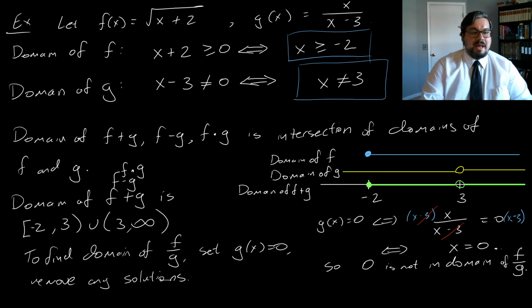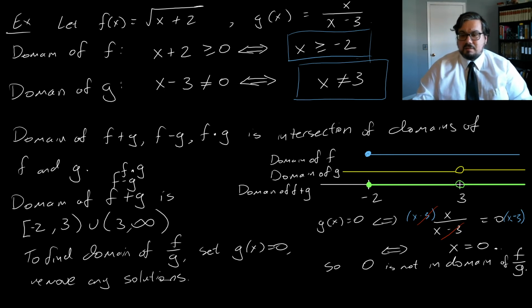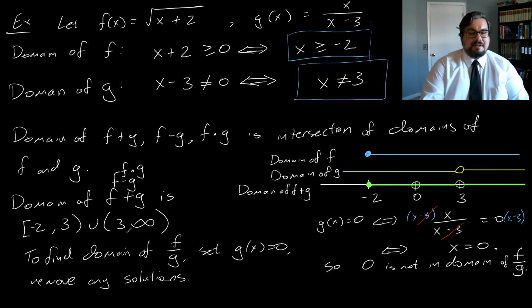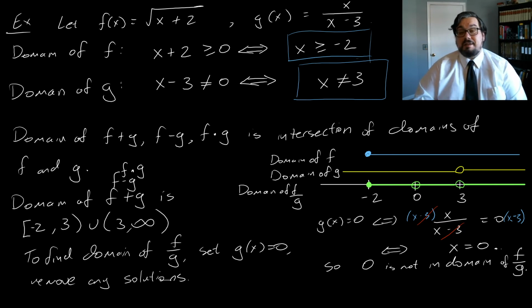So we can come back up to our diagram here, put in a new point here, and draw in a new open circle. So the domain of f divided by g now will include all the numbers greater than or equal to -2, but not including 0 and not including 3.